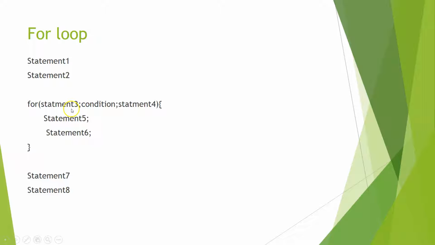In case of the for loop, it is created as follows. We type the keyword for and then open parentheses. Between those parentheses we have statement, condition, statement, and those are separated by semicolons.